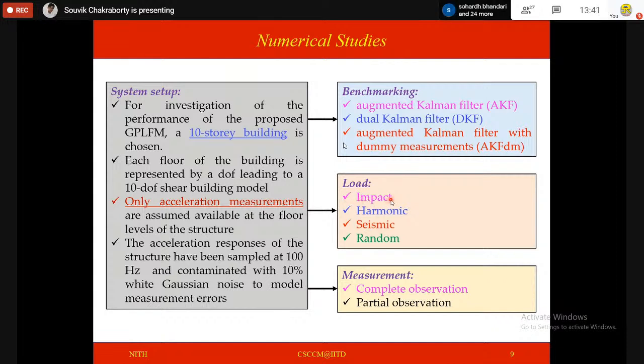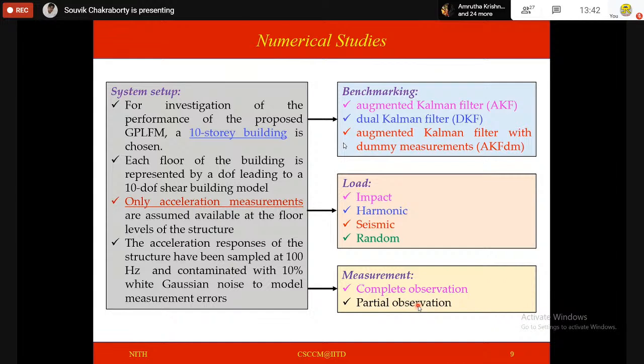It can be an impact load, it can be a harmonic load, it can be a seismic load, or even it can be some random vibration. And measurement can be complete, like you have measurements at all the degrees of freedom, or you may have measurement at only certain degrees of freedom. So these are the 3 cases that are possible.